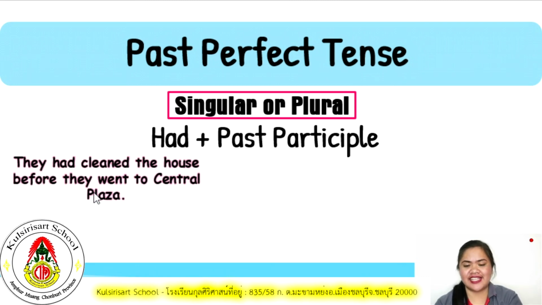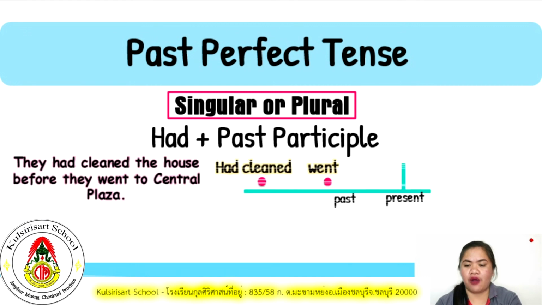Notice that there are two verbs in this sentence: went and cleaned. So let's view our illustration to further understand. Went is in the past. And before went happened, another action had just happened, and that is had cleaned.